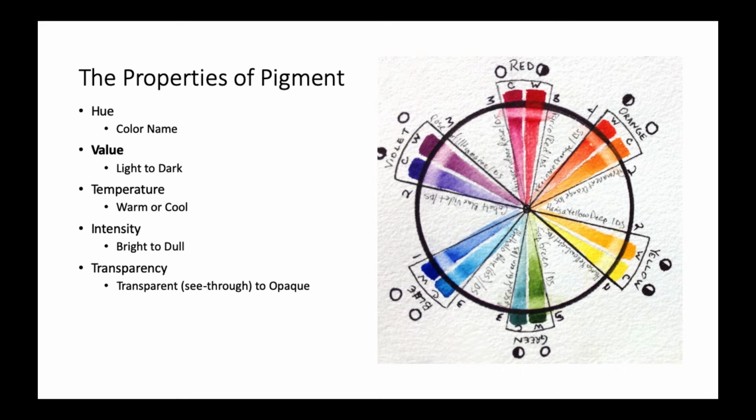We'll talk about transparency and staining quality in lesson 5, and we'll discuss the granulation property in lesson 6. This little color chart here shows you all the different properties charted into a color wheel with 6 primary colors and 6 secondary colors, and those are actually 2 pigments.